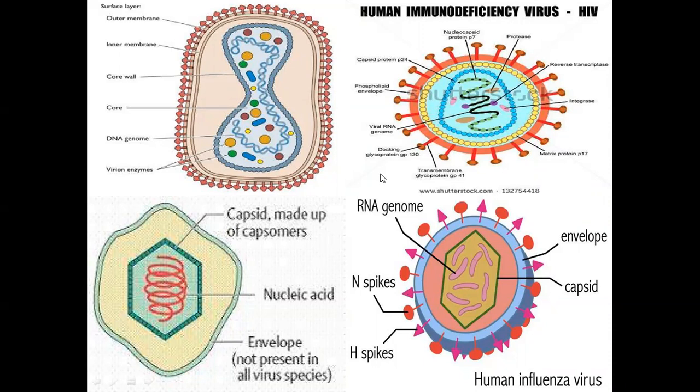These are the examples of enveloped viruses. This one also has genetic matter with a capsid and spikes. So now we can say that spike-containing, envelope-containing viruses, like the human HIV virus, are examples of enveloped viruses.